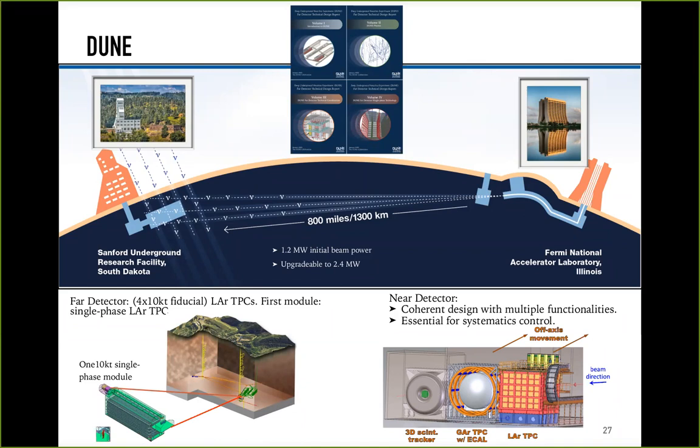But you can see that there is a long beamline of 1,300 kilometers from where the beam is produced at Fermilab to the far detector in South Dakota, where the far detector is 4 modules. There are 4 times 10 kiloton fiducial volume each, and at least the first one will be a single phase liquid argon TPC. The near detector as well is very complex.